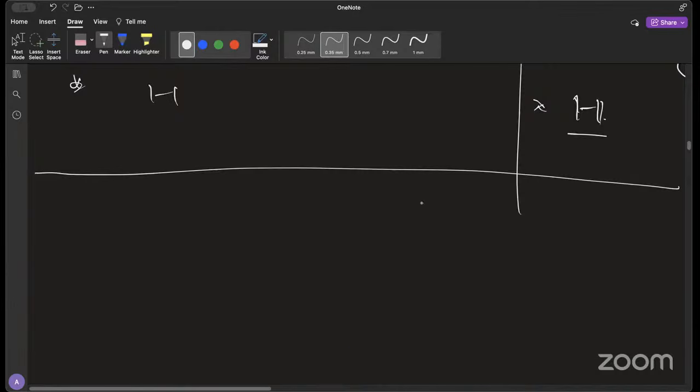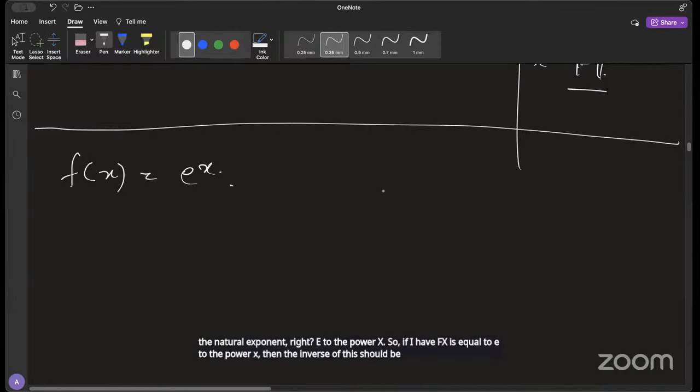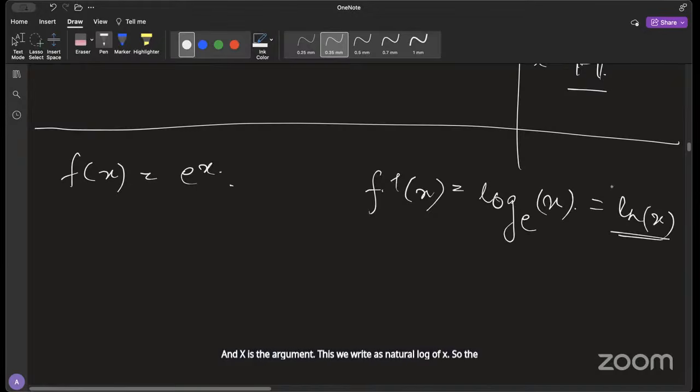And we did discuss there the natural exponent, right? e to the power x. So if I have f(x) equals e to the power x, then what should be the inverse of this? It should be log base e x, and x is the argument. This we write as natural log of x. So this is just a notation.